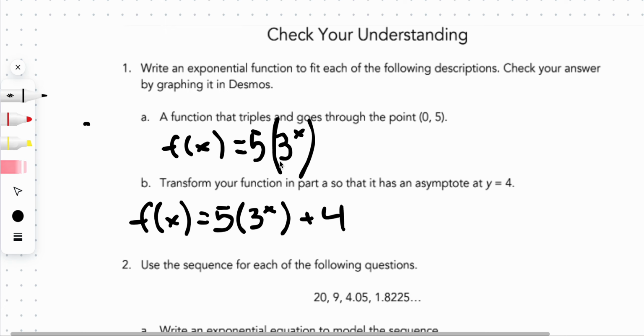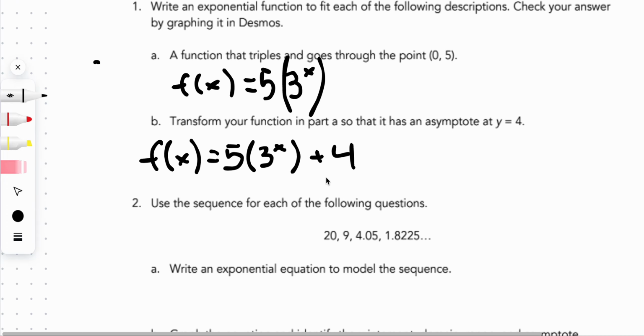If we just take this exponential function, our range is y is greater than 0. So when we add 4 to that, now our range is y is greater than 4. We're vertically shifting it up, and therefore we're vertically shifting our asymptote from y equals 0 to y equals 4. And a little side note: this no longer goes through the point (0, 5). It would go through the point (0, 9) instead, but I don't think that's what they're trying to get at with this question. They just want you to know that vertically shifting will change your asymptote.